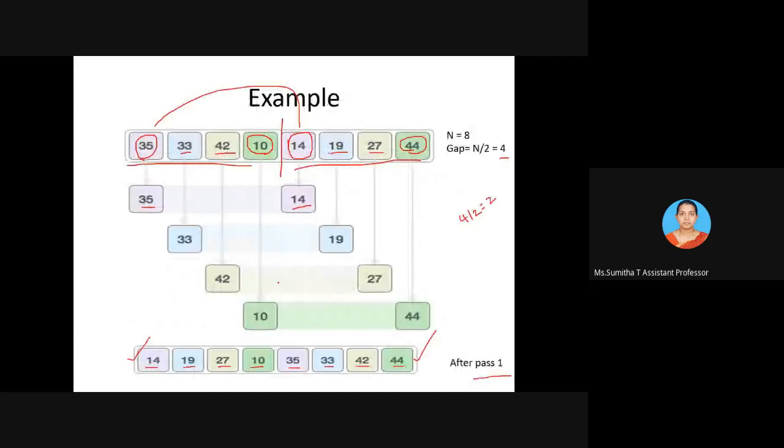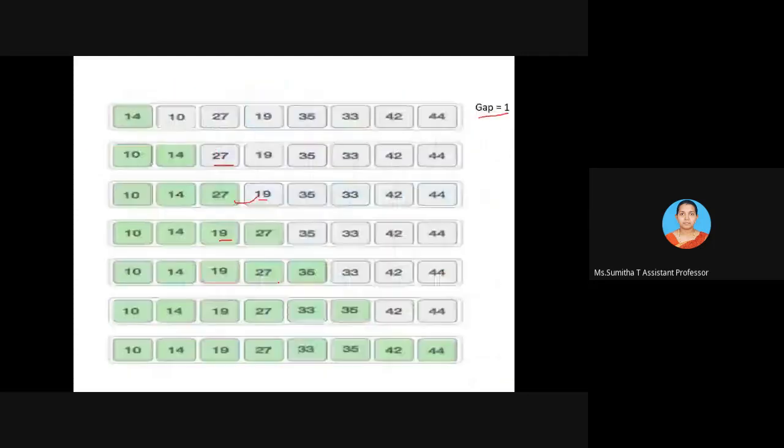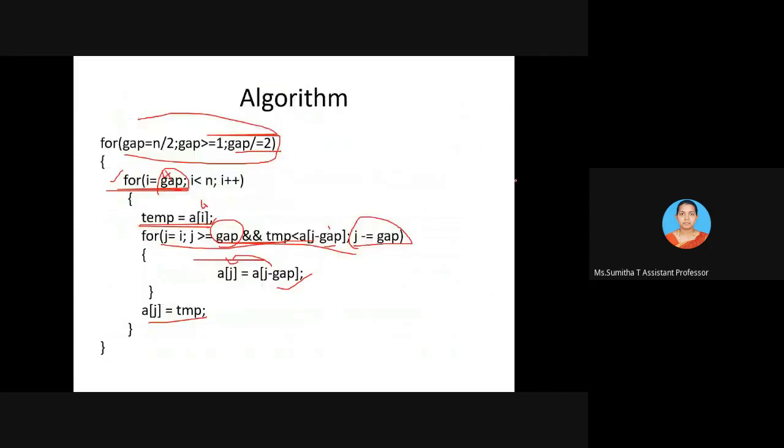So if I divide it into 2 sets and select the elements in each set and compare, if they are in order, then no need to swap, otherwise we have to swap. After the gap is 1, we go with insertion, compare each and every element and do the process. Okay, this is the algorithm.